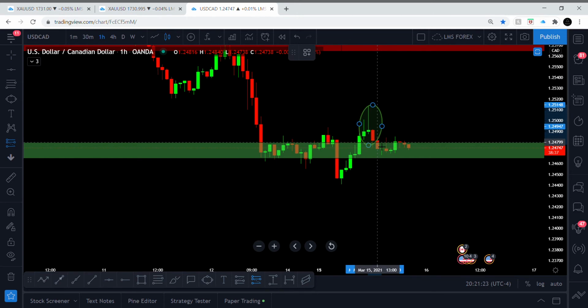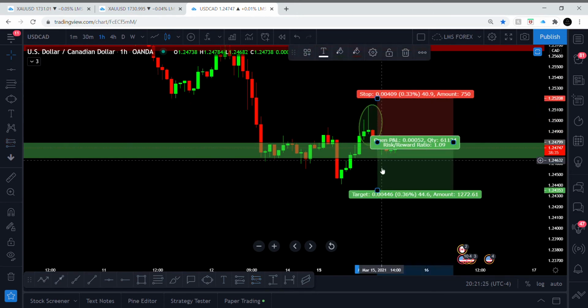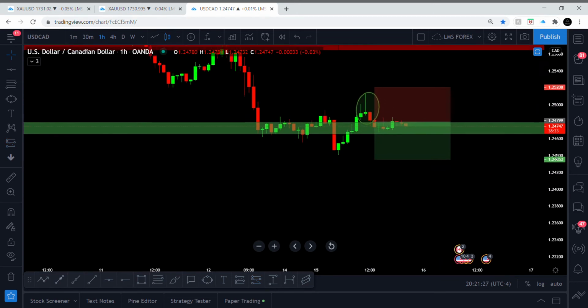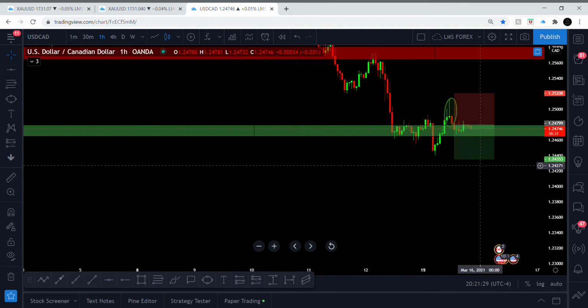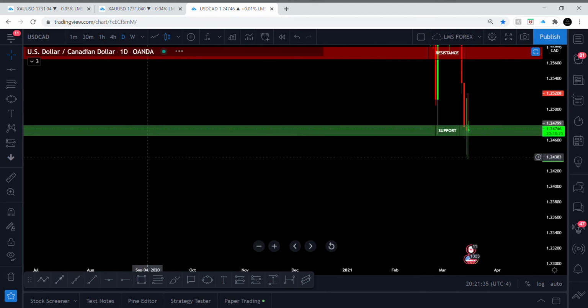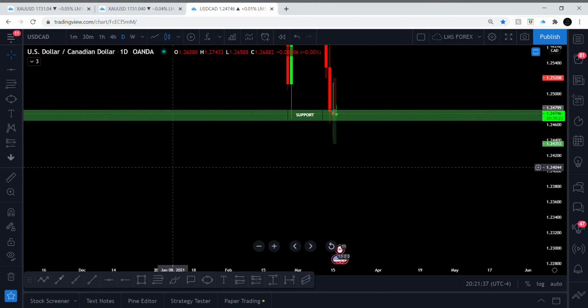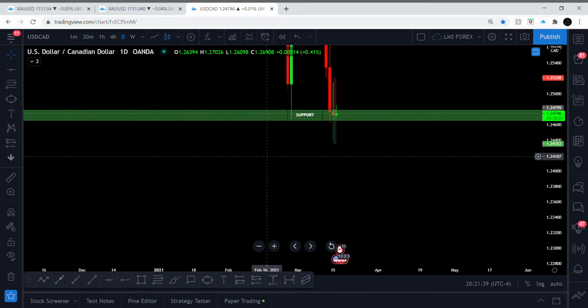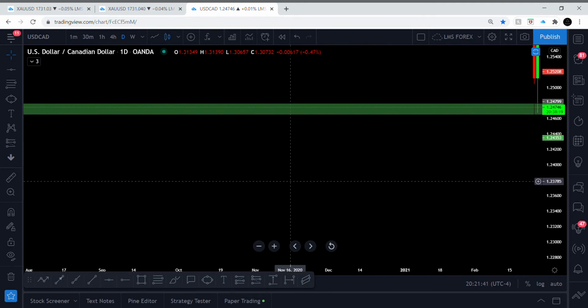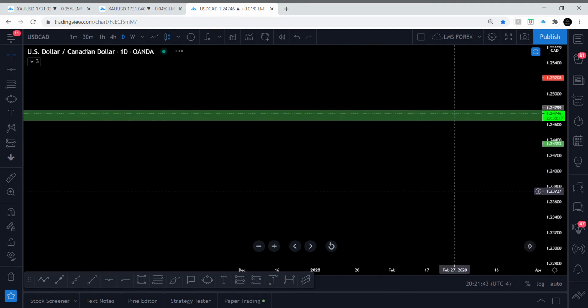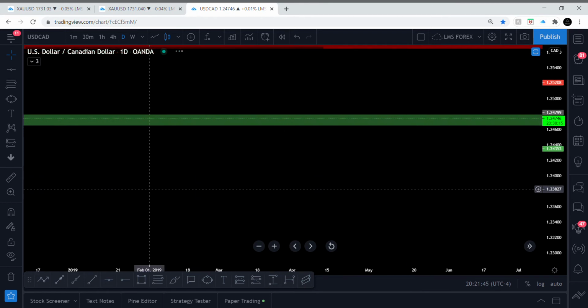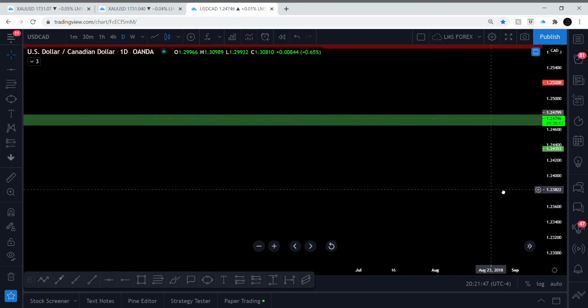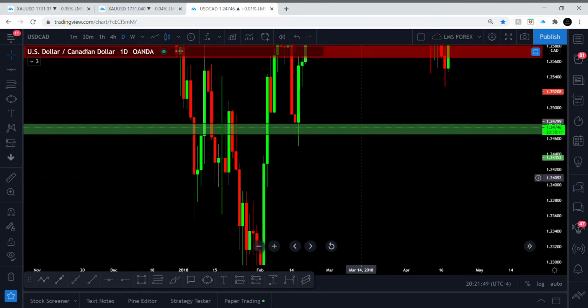And possibly we can say we can target now the next level of support. Let's go to the daily, because right now on the daily we'll see this candle is right at that level, right? So here, watch the next level.